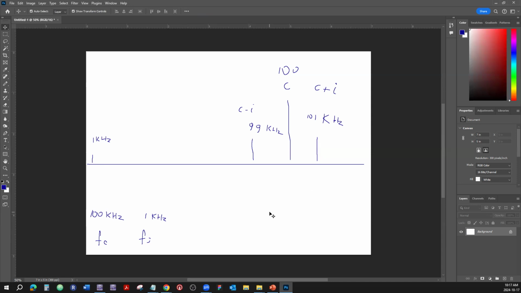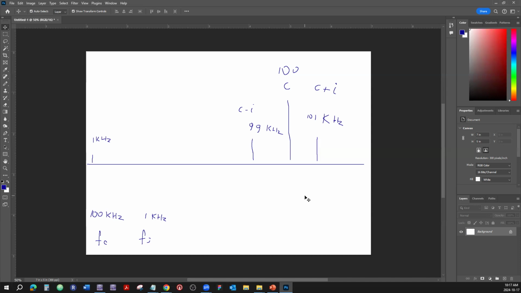But as a result of all this mixing, in reality, we are also going to see 2 more things. We're going to see noise present, and we're going to see harmonics of some of the frequencies.